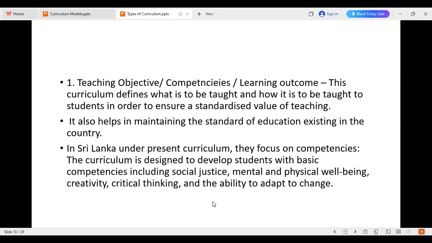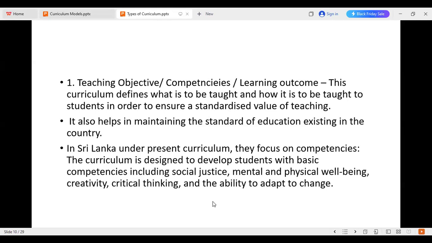It also helps in maintaining the standard of education existing in the country. Why does the Ministry of Education provide those things? To maintain the standard of education. The formal curriculum standard is very important.